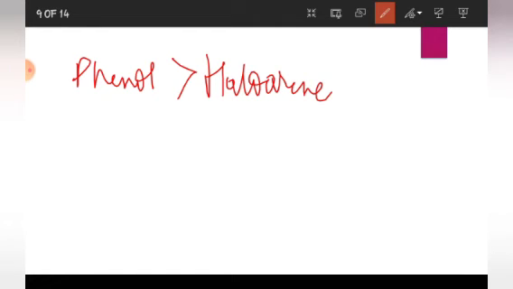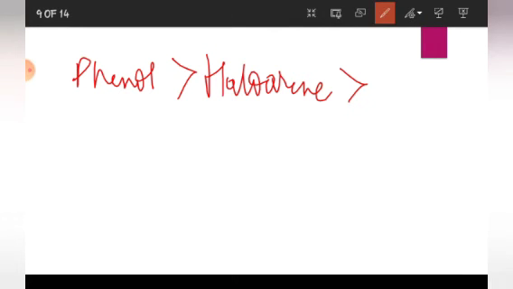Phenol will have a higher boiling point than the corresponding hydrocarbon. Why is corresponding written? Because it should be of comparable molecular mass, corresponding hydrocarbon.